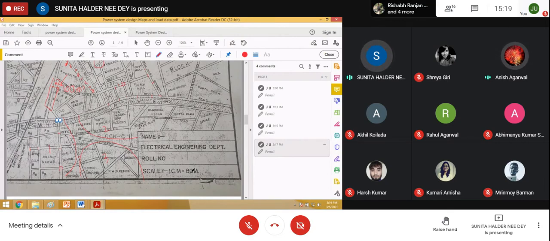But we cannot get the actual map, because to get the actual map, you have to Xerox it from the department. Yes, ma'am. Okay, leave it. I cannot force everybody to come to the department. So you do one thing. You take the printout in A4 size and do the needful.